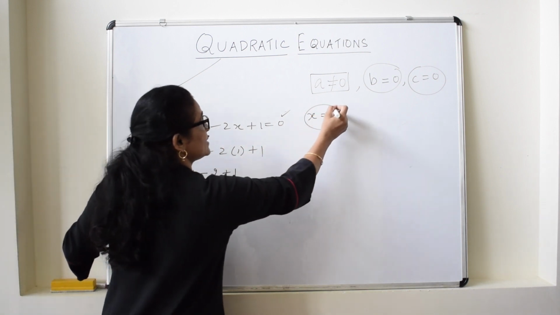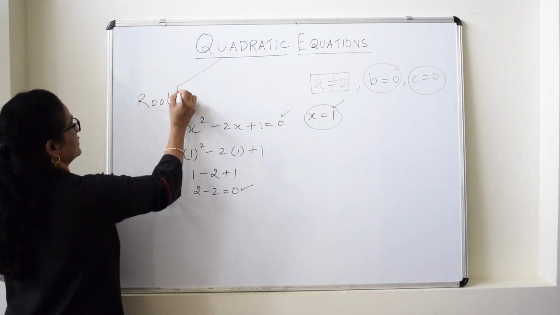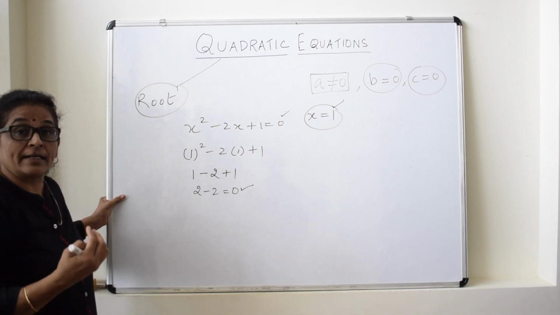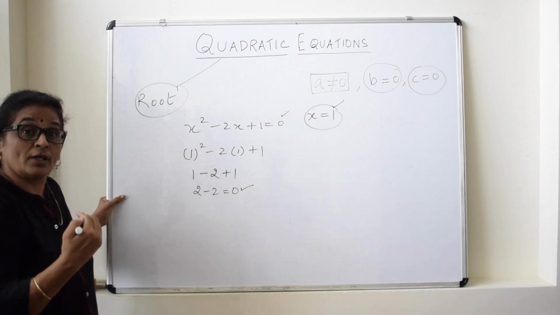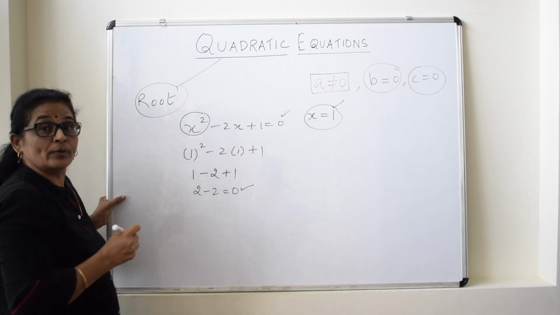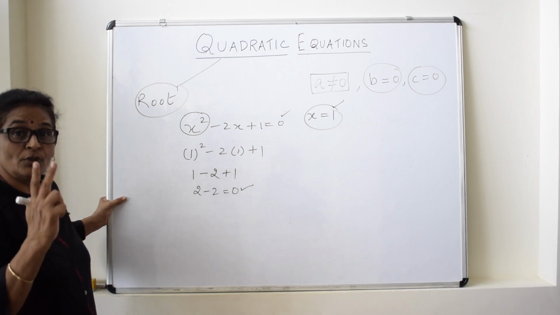Now what is this solution called? This is called a root. It means that when we solve the quadratic equation, we get the solutions which are called the roots. Now, since it is a quadratic equation, we will be getting two solutions or two roots.